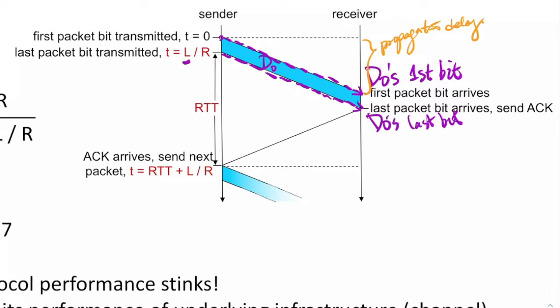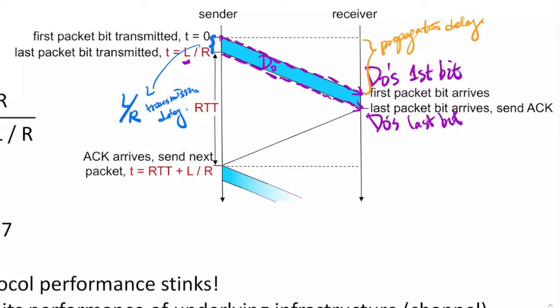So this part is L over R. That is the transmission delay. When we send L bits on an R bits per second link, the total time we need to push all those L bits onto the link is L over R. So that is the transmission delay.